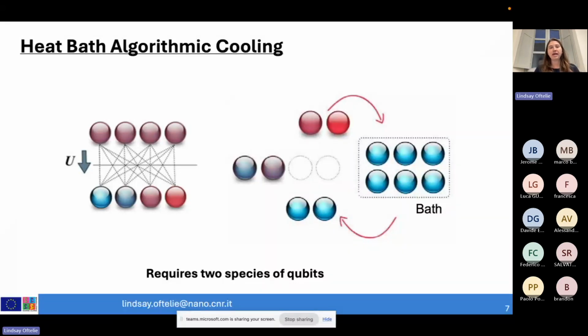And this was okay with NMR quantum computers, which had qubits in the nucleus and the electrons. The nuclear qubits had very long relaxation times and could be used for the computational qubit, your target qubit that you're going to cool. And the electrons could be used for your reset qubits. These rethermalize with the bath very quickly. They have short relaxation times. Okay, so this was the story as of 20 years ago. And then not much really happened more with computational cooling.